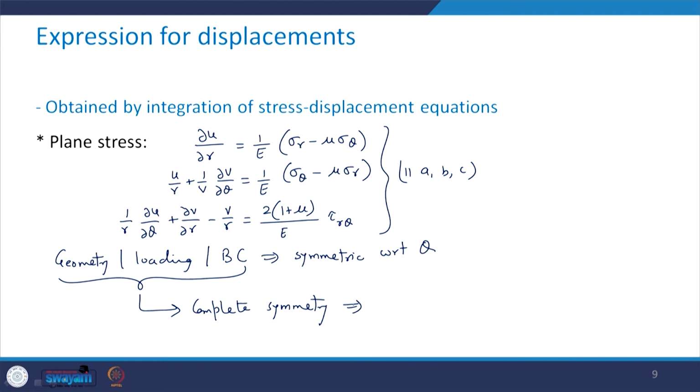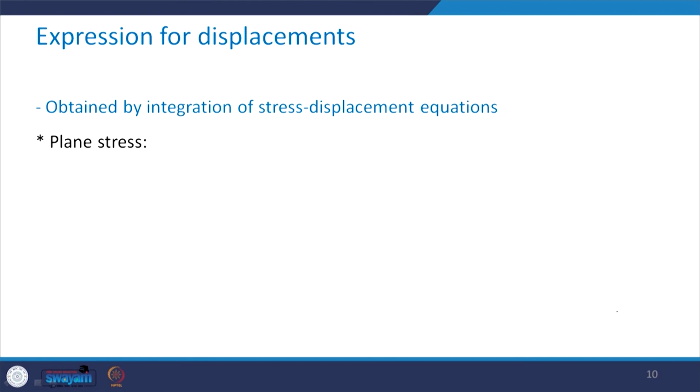And therefore, the tangential displacement, which is represented by V, is going to be equal to 0 because of this complete symmetry.